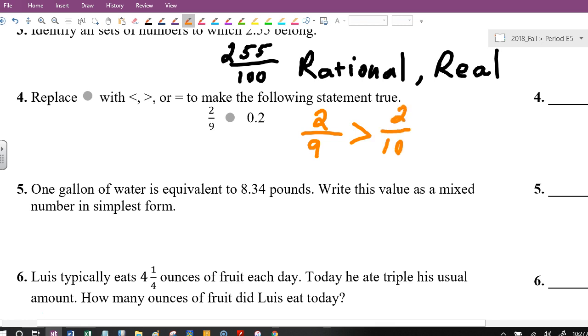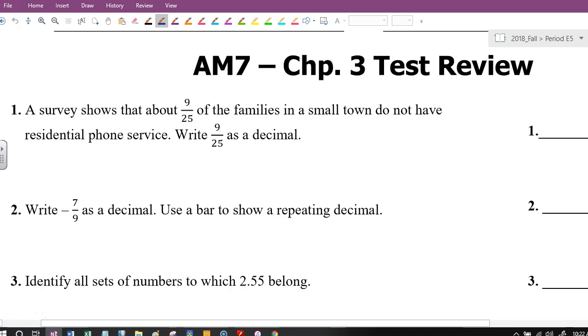So why is 2/9 greater than 2/10? Do we agree, everybody? Why is it greater? Since one piece of 1/10 is smaller than 1/9. Right, so the pieces are smaller when it's tenths than when it's ninths, so the bigger pieces in the ninths is more.